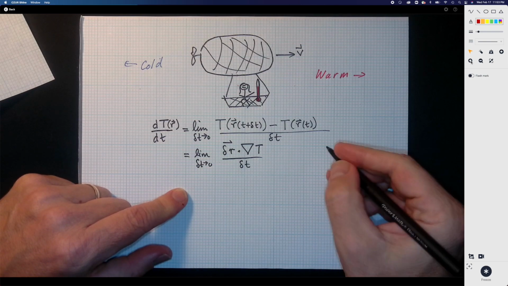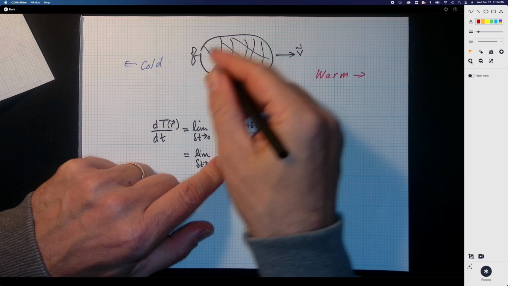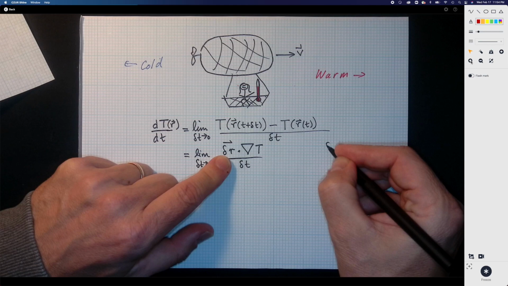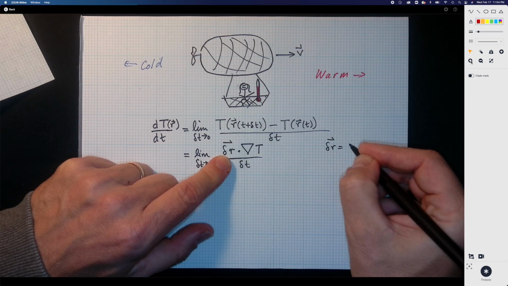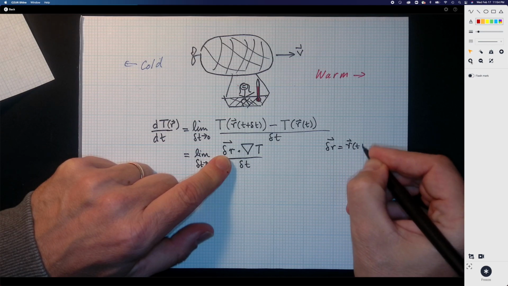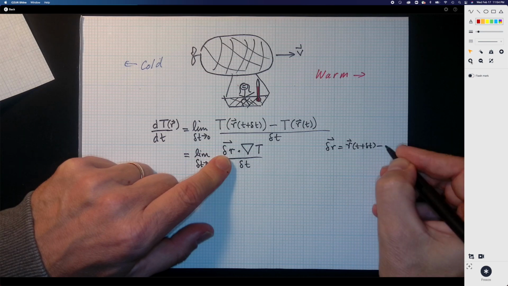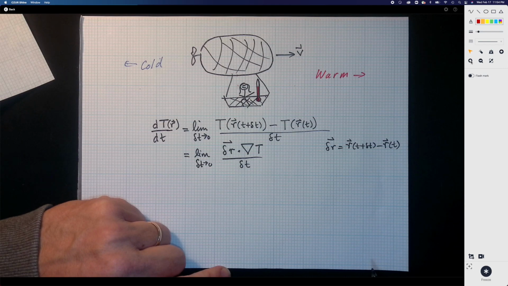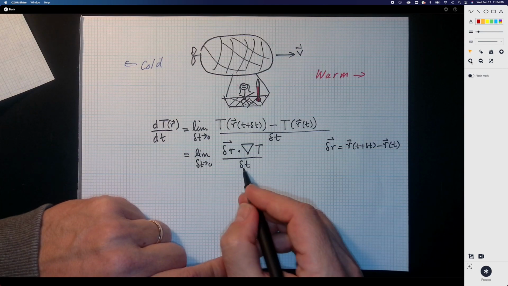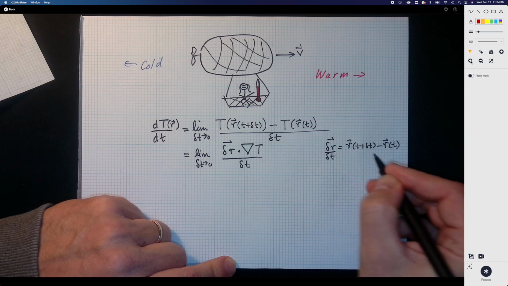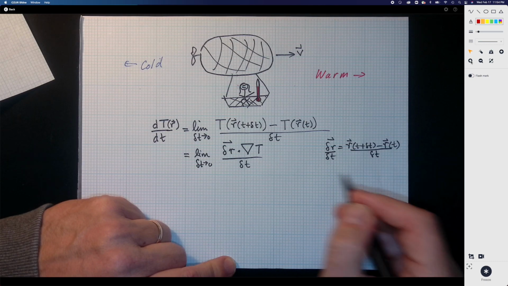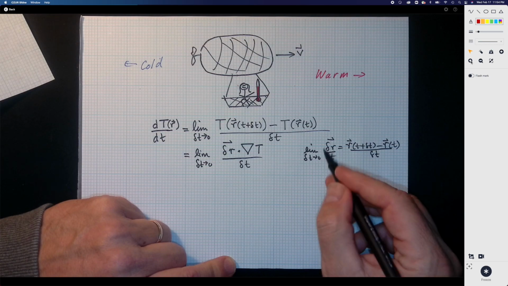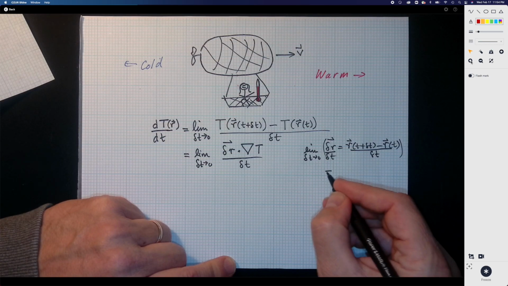And now we can use the fact that if r is the position of the thermometer, we have delta r is r at t plus delta t minus r at t. And if I divide through by delta t, and I take the limit on both sides, then what I get is just the velocity, right?